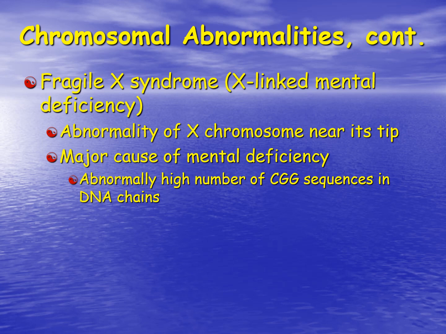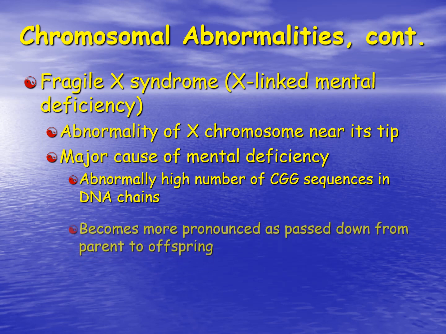There's an abnormally high number of CGG sequences in certain people's DNA chain at this point in the X chromosome. And because of the abnormally high CGG sequences, this causes a hypercoiling of the helix.